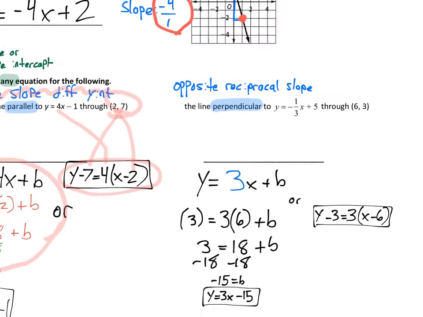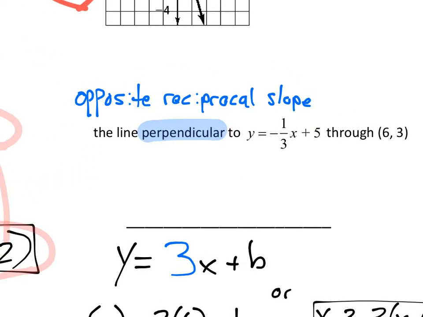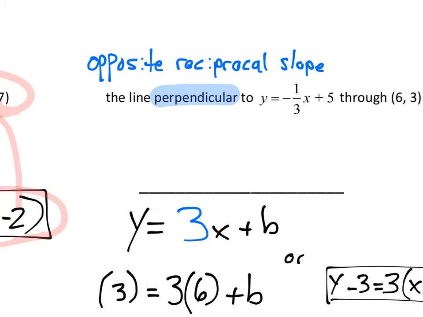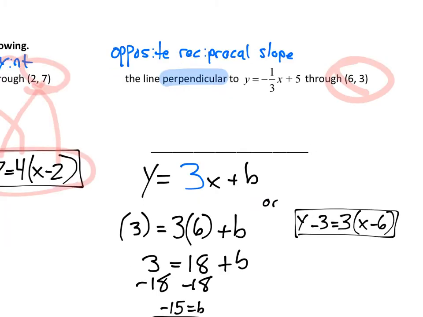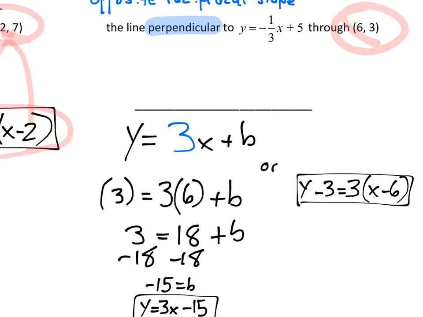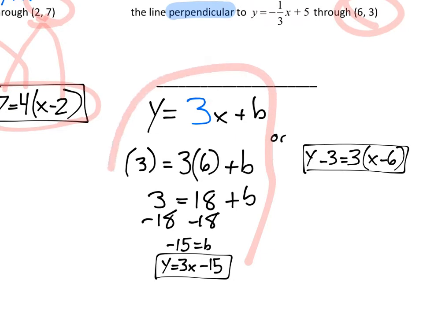All right, then it says line perpendicular, that's opposite reciprocal slope, but y-intercept doesn't matter, except on this one they want us to travel through this point, so we have to find what that is. So once again, we didn't really talk about how to do it this way. You can follow along if you want. That's just solving for the y-intercept.